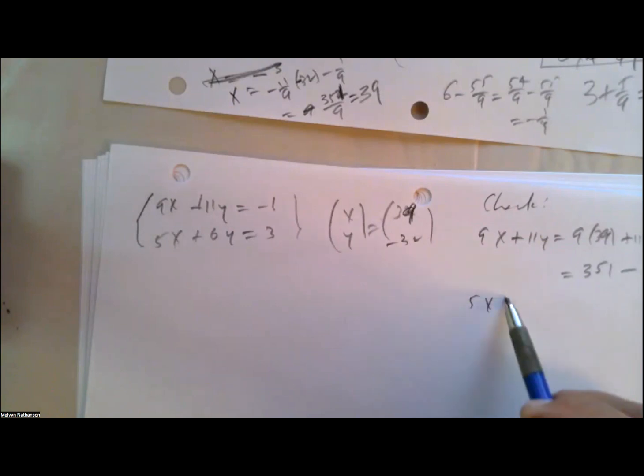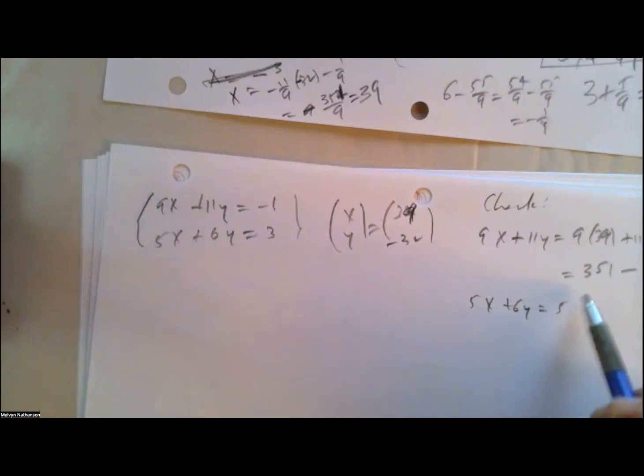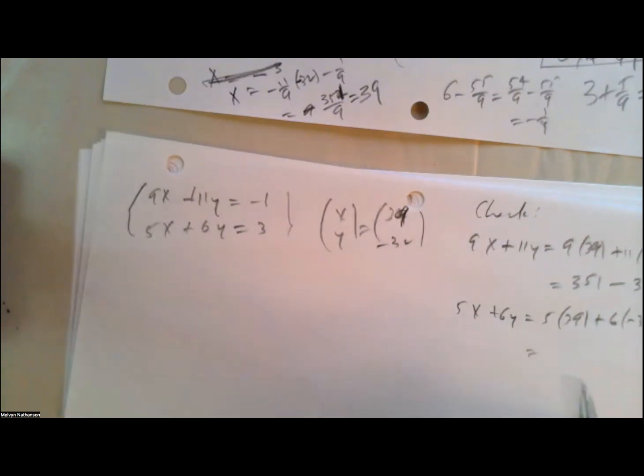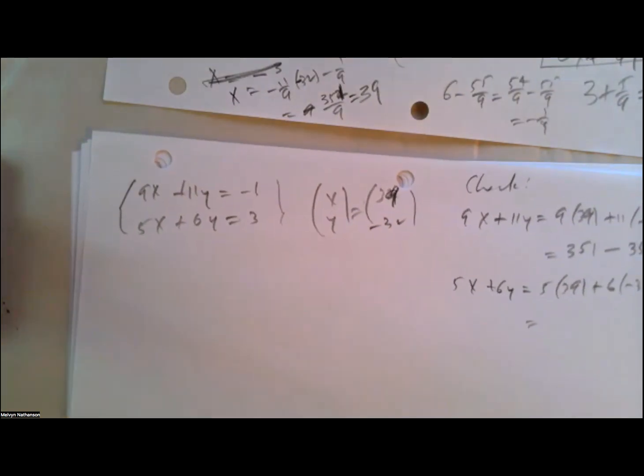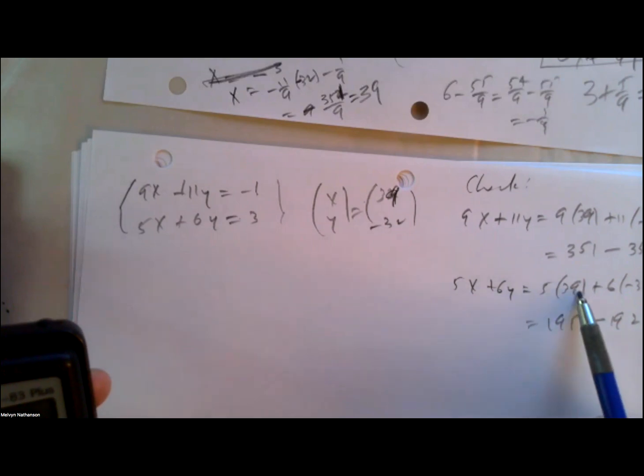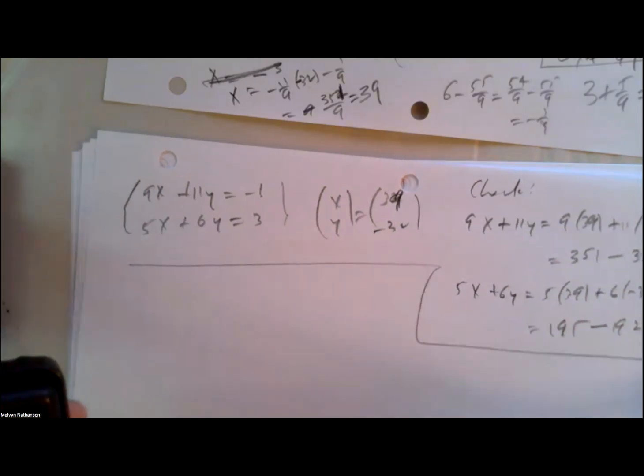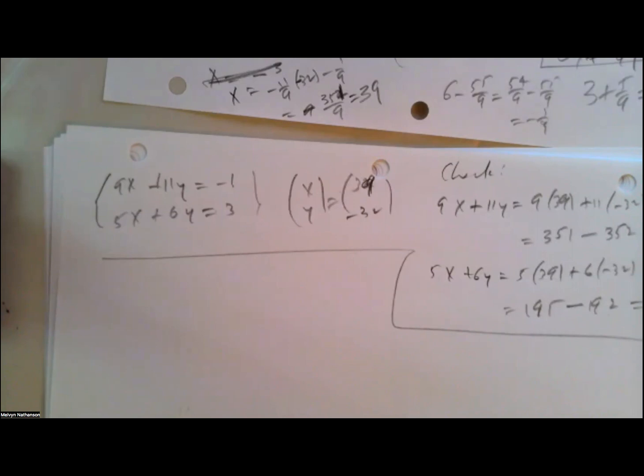And 5x plus 6y is 5 times 39 plus 6 times minus 32. 5 times 39 is 195, minus 6 times 32 is 192. 195 minus 192 is 3. So that also checks. Everything is good in the world and everything works out okay.